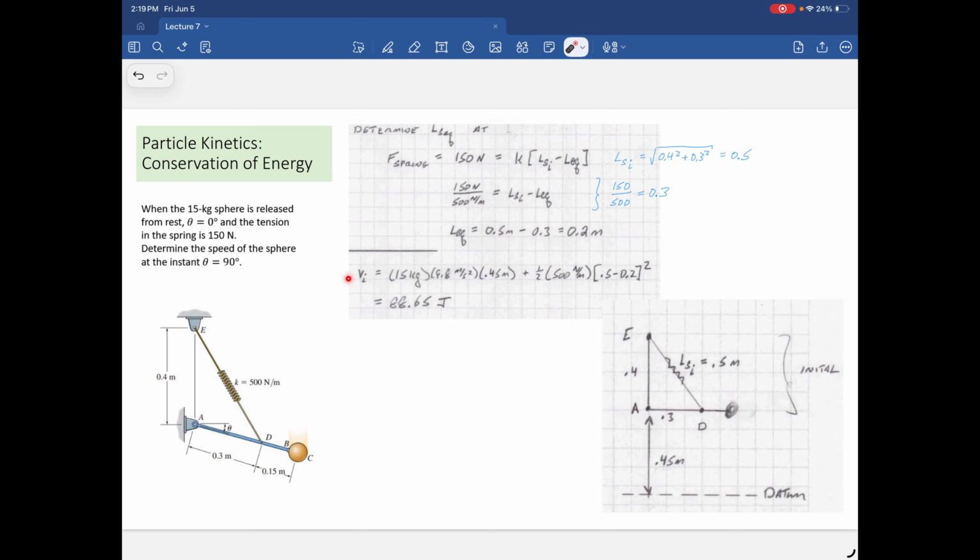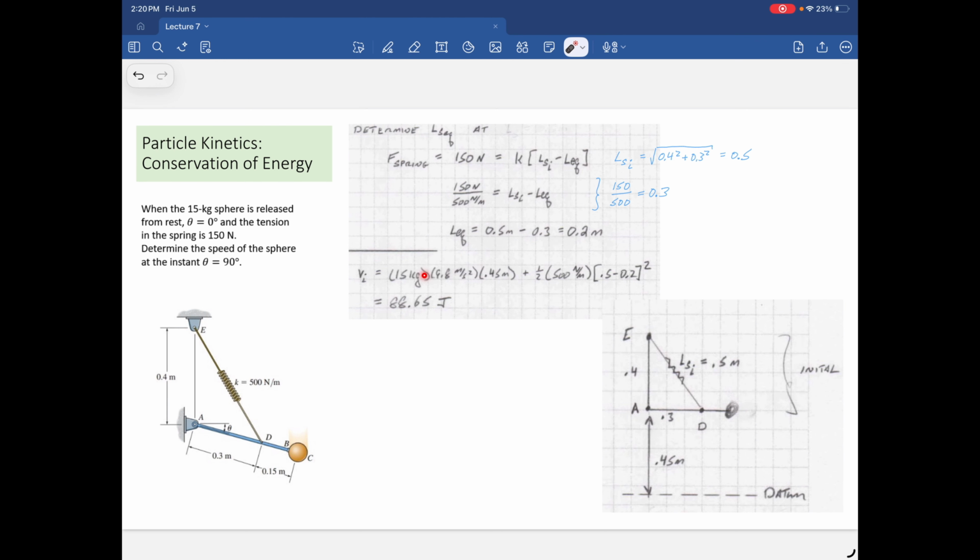So the total potential energy of the system will be the gravitational portion, 15 kilograms for the sphere, times the acceleration of gravity of 9.81 meters per second squared, times the height above the datum of 0.45 meters, and then the spring energy, 1/2 times 500, the spring constant, times the starting length of the spring, 0.5, minus the equilibrium length of 0.2, so the stretch of the spring is 0.3 meters, squared.